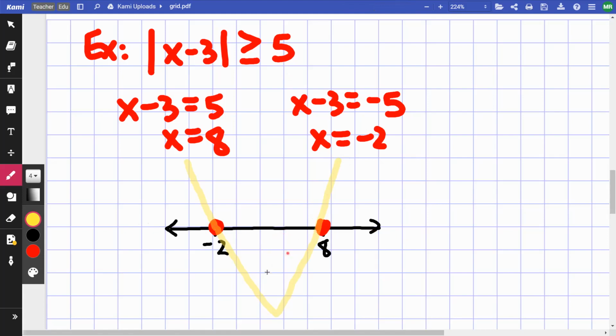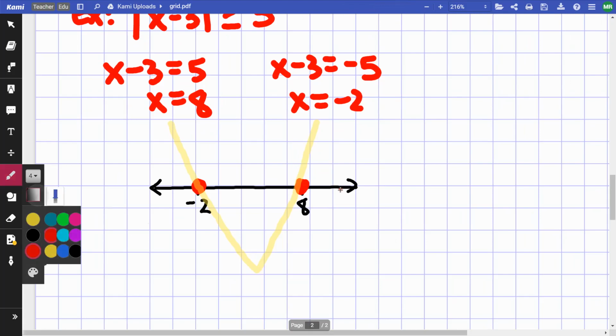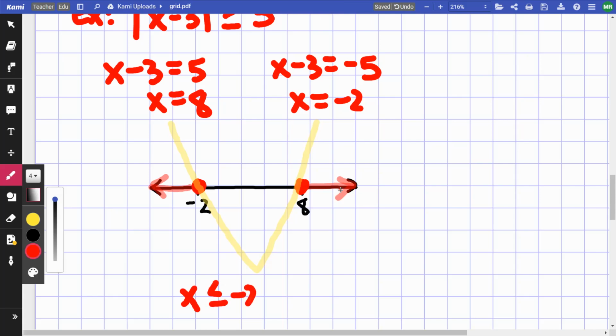All of these make it less than 5. All of these make it greater than 5. So I'm going to be shading outside, and my answer is going to be x is less than or equal to -2, or x is greater than or equal to 8. And that's my answer.